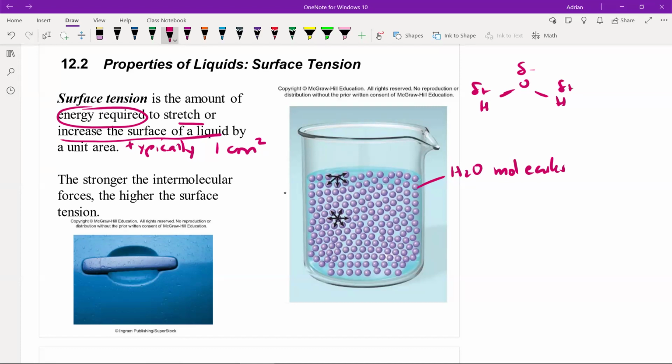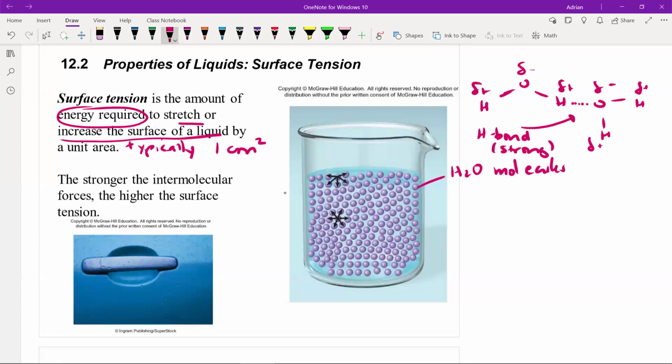And if we had a neighboring water molecule close by, the ingredients are in place for hydrogen bonding to exist between the H on one water molecule and the O on a neighboring one, right? So this is a hydrogen bond that exists here, our intermolecular force of attraction. And it is a strong intermolecular force of attraction.